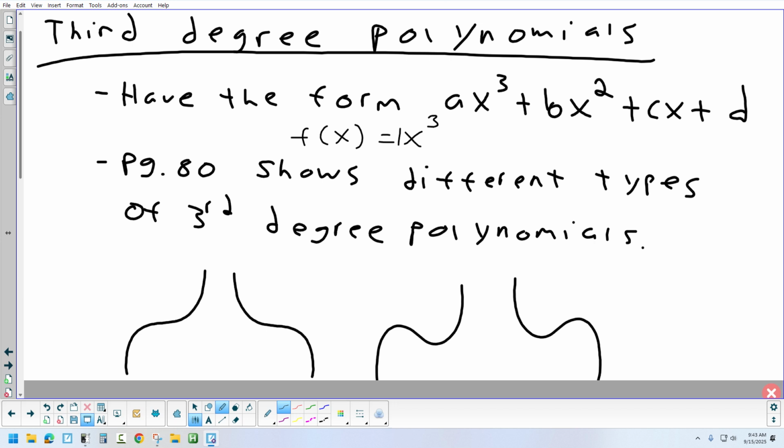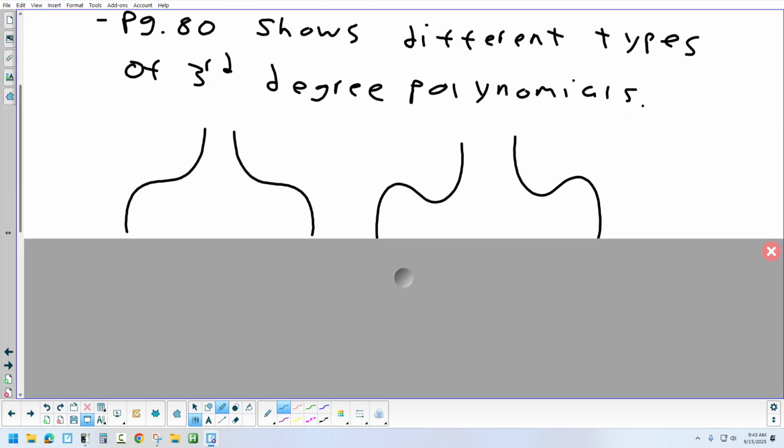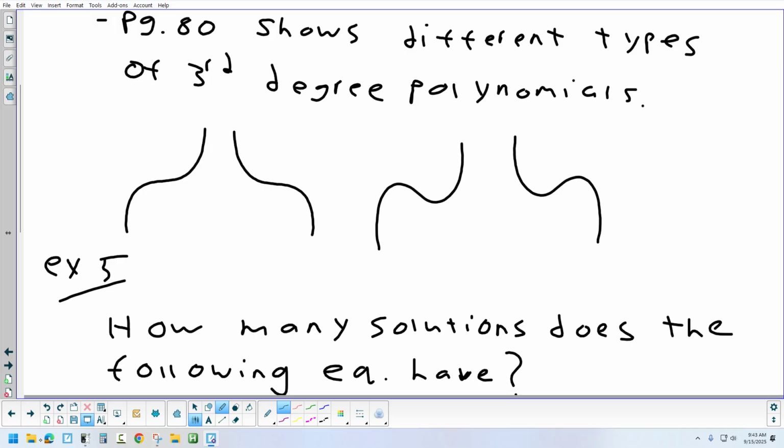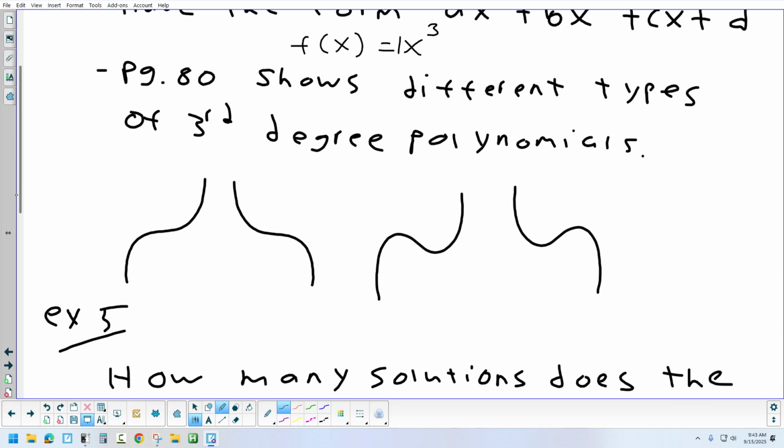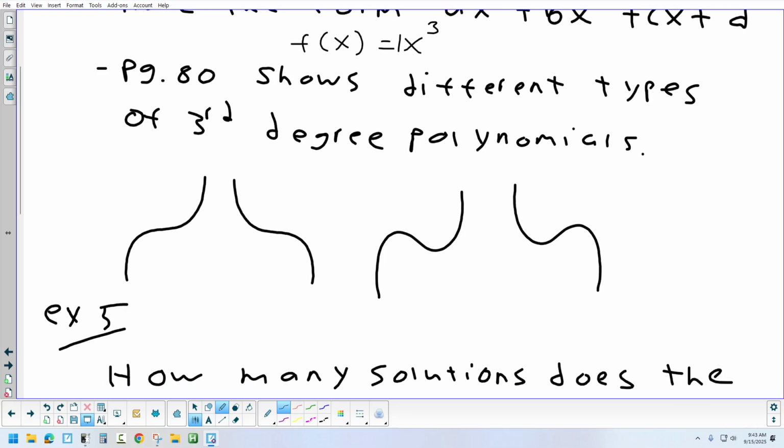Can only turn 2 times at most. Okay, does everybody have what they need for those different kinds of cubic polynomials?